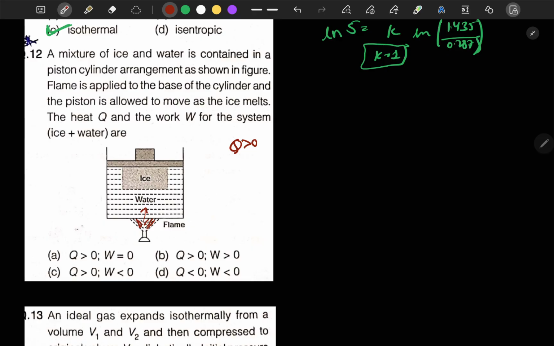So when ice melts, the water level will fall. Okay, so the piston will come down. Hence the work done on the system, so the work here is done on the system by the surrounding, not vice versa. Hence work done will be less than 0. Hence option number C is correct.